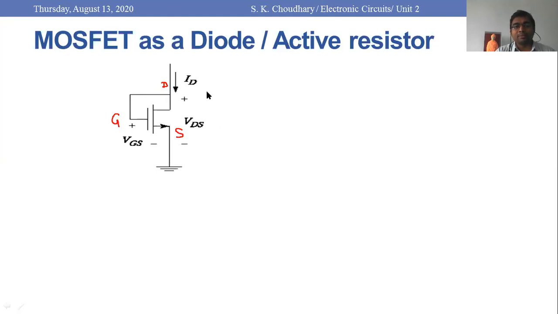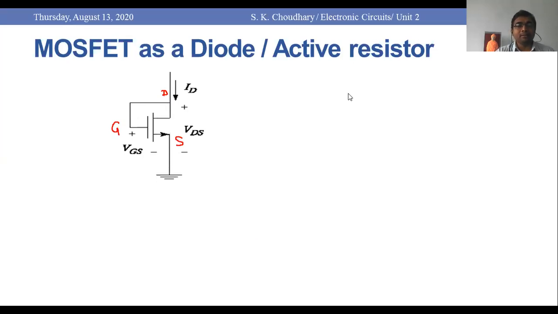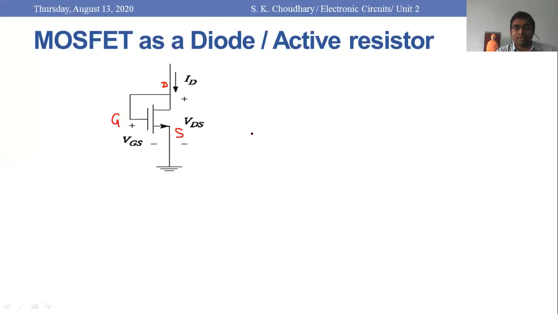Above this substrate we fabricate the gate, which is a metallic structure. In between the gate and substrate there is an insulator, called SiO2. So this is the basic structure of your MOSFET.